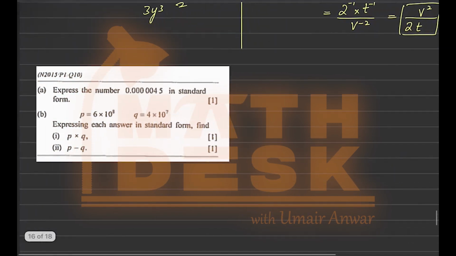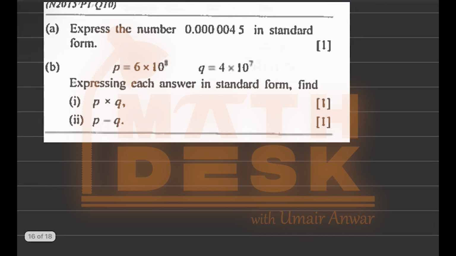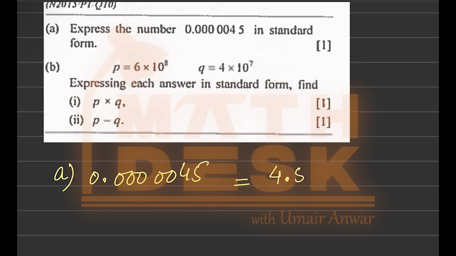It says to express this number in the standard form. And the number is 0.0000045. Now, if it is to be expressed in the standard form, the number should be equal to 1 or greater than 1 and less than 10. And at the moment, the decimal is over here.